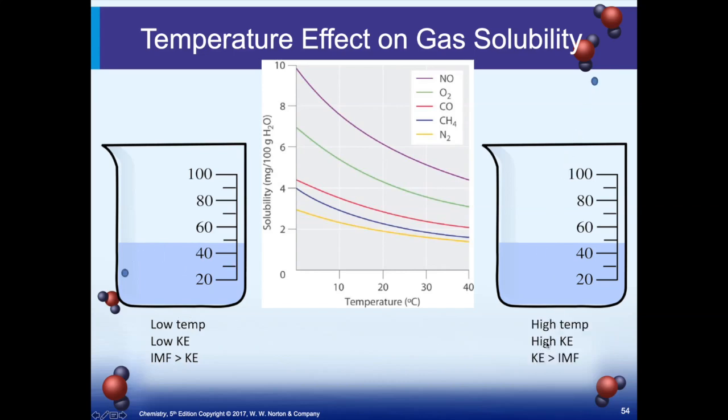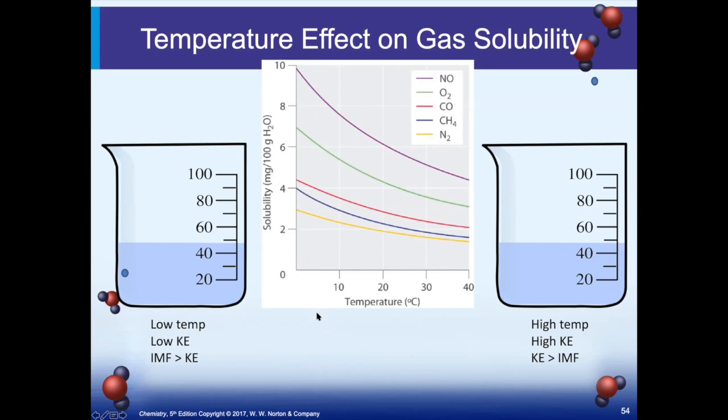Those gas molecules have enough kinetic energy to overcome the intermolecular forces. So the kinetic energy is greater than the intermolecular forces, and they will not stay in solution. And that's why in this graph, you see as the temperature goes down, the solubility goes up. So gases are more soluble in water at low temperatures.